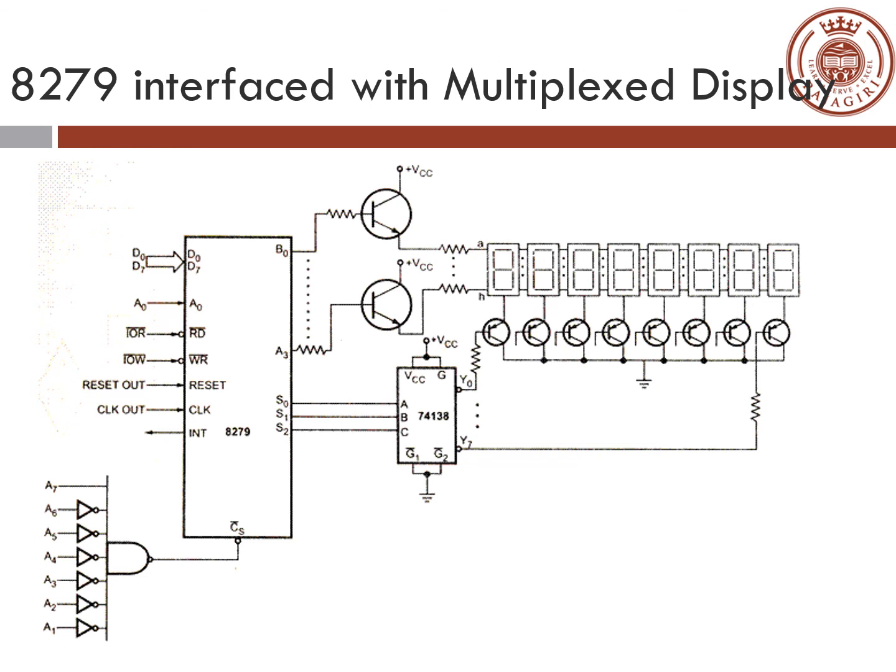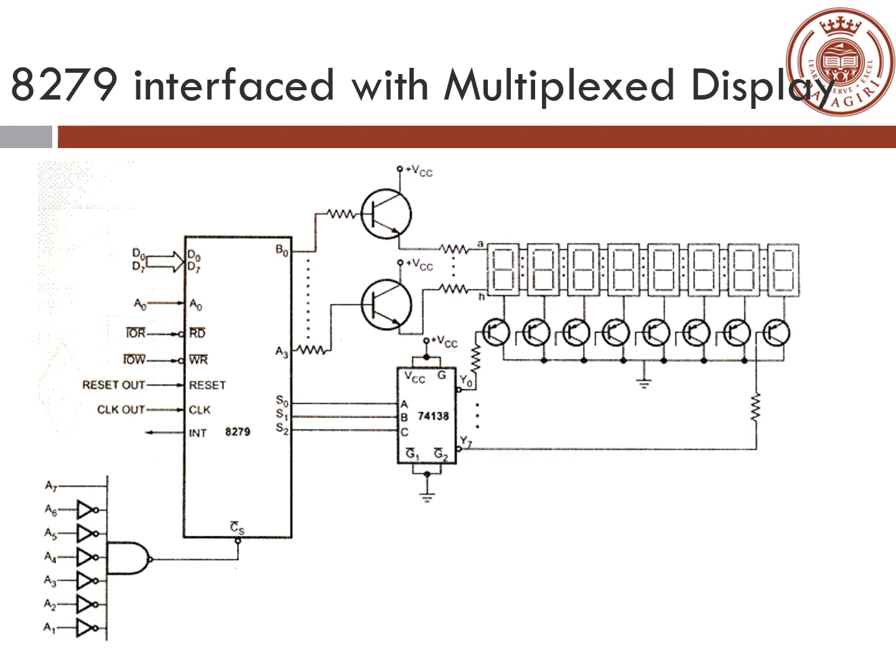There are 8 of them, and you turn them on by sending an output to the common cathode connection in this case. So we need 8 lines to select the individual LEDs, and they come from the scan lines, which are the decoded outputs of the 3 encoded scan bits.